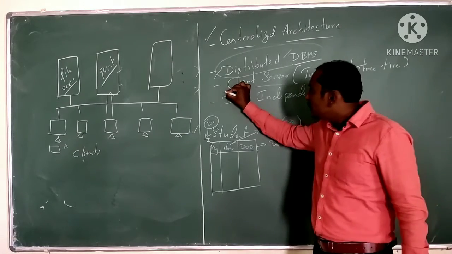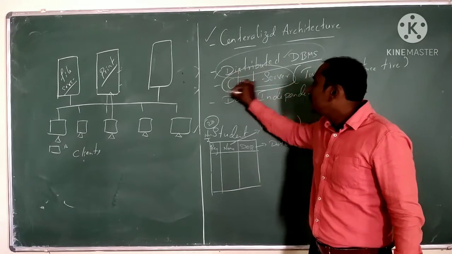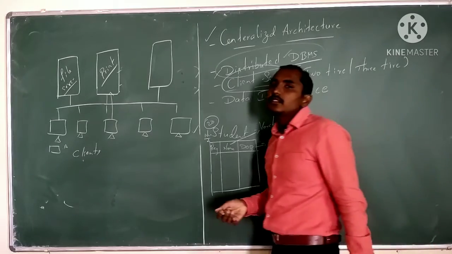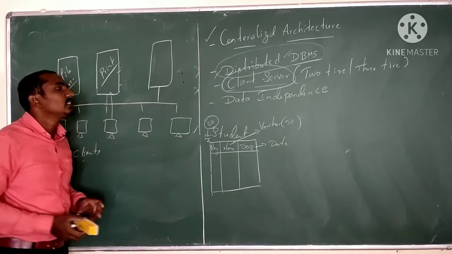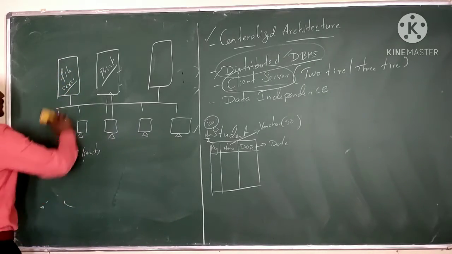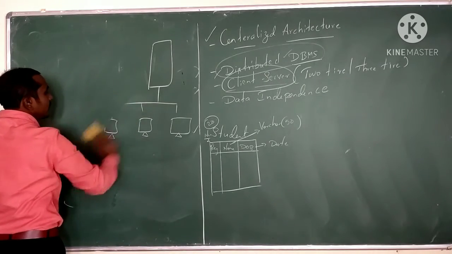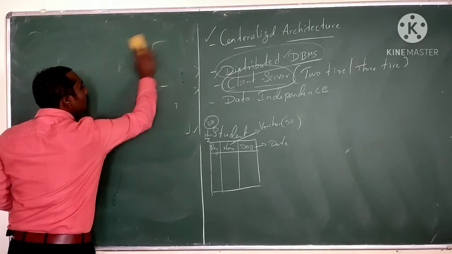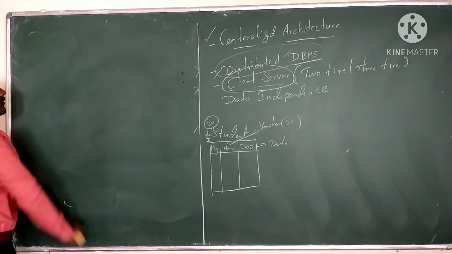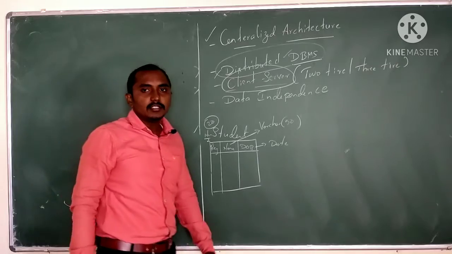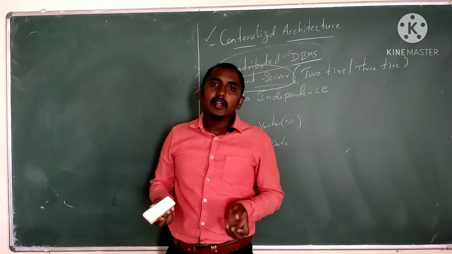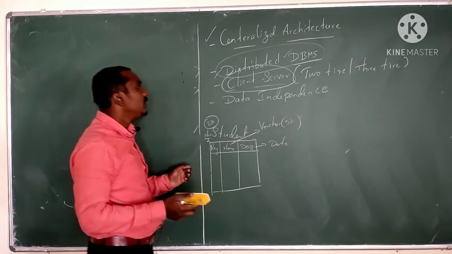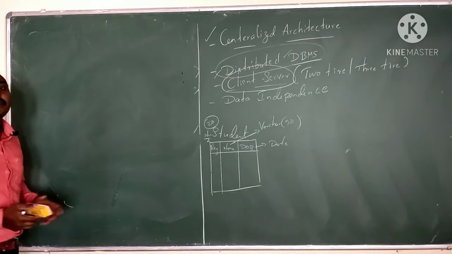And apart from this, we'll have one more type of architecture, which is called client server architecture. In the concept of client server architecture, we'll have different types of devices, and each and every device will have its own functionalities, represented in different ways.